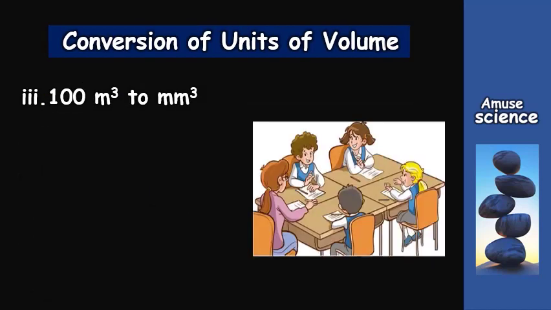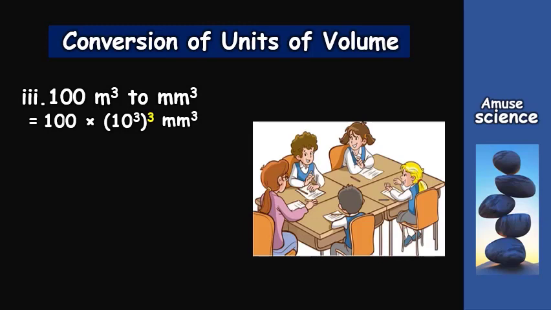Our third one is for us to convert 100 cubic meters to cubic millimeters. Once again, we have to introduce the milli into our final answer. And so we are going to have 100 times 10 exponent 3 all exponent 3. And this will convert our answer to millimeter cube.